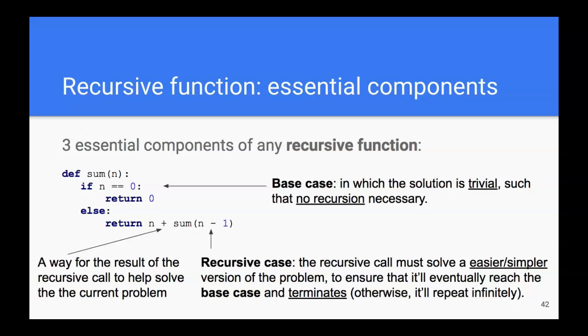There's a way to use the result from the recursive call in combination with something else, in this case, just the n, and together this gives us the solution to the current or the original problem. Okay, so those are the 3 essential components of pretty much any recursive function.